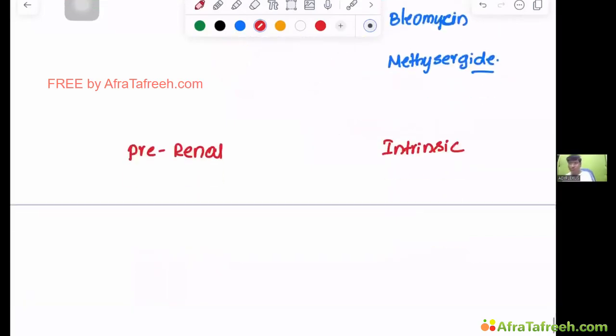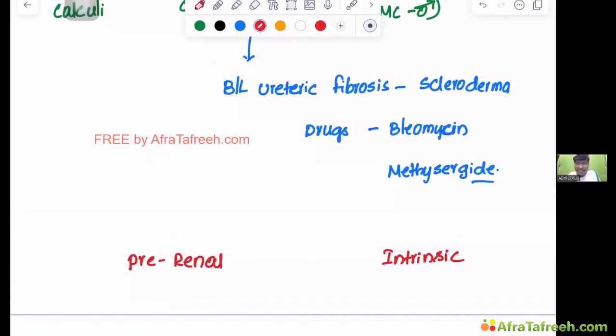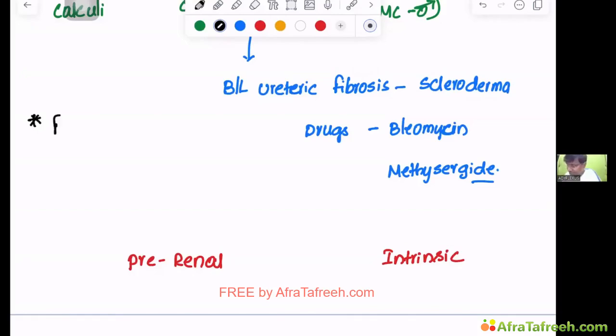So now you need to know, one is your specific gravity. I'll be discussing the specific gravity. Then another very important parameter which helps in differentiating prerenal from intrinsic renal is based on fraction excretion of the sodium. And this we call FeNA. FeNA, fraction excretion of sodium, is nothing but your FeNA.